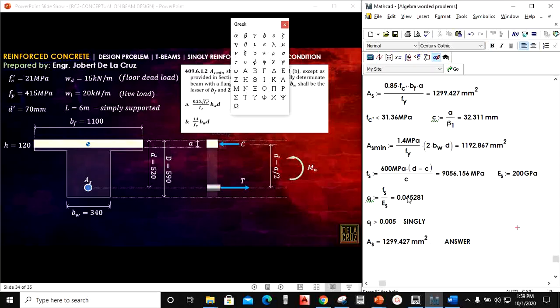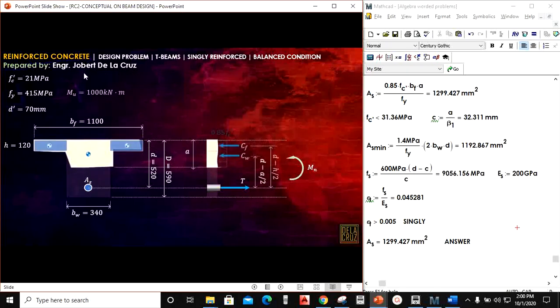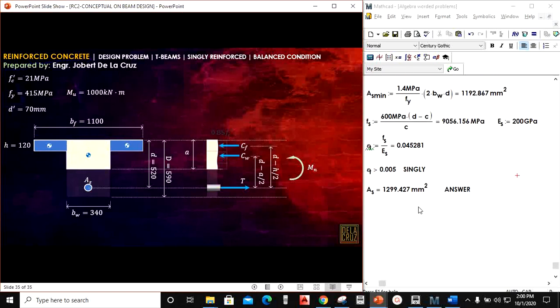Okay? Get it? Now, what if I increase the moment? This is my additional problem. Look at this one. I will make it 1,000 kilonewton meters. Additional problem.